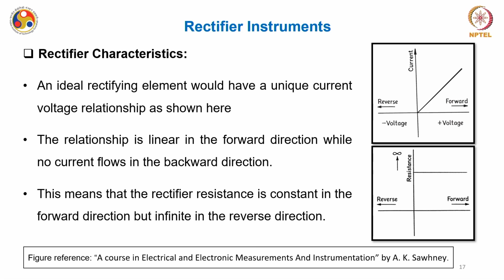So an ideal rectifying element will have a unique current voltage relationship as shown over here. The relationship shown is, as I have mentioned, ideal, and is linear in the forward direction while there is no current flowing in the backward direction. Say you have a diode, I'm talking about an ideal rectifier, and I am trying to pass an AC signal.